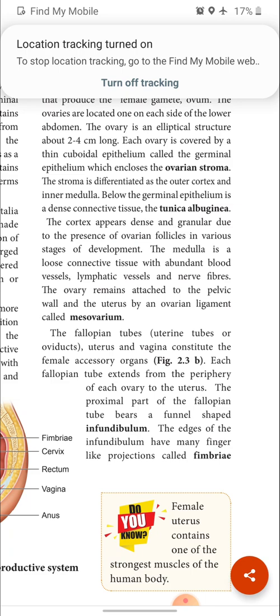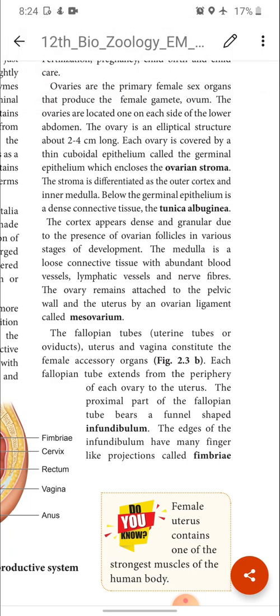You will find the infundibulum in the figure given on the next page, children. The fallopian tube starts from the periphery of the ovary. That place is called the proximal part. And where it is connected with the uterus is called the distal part.